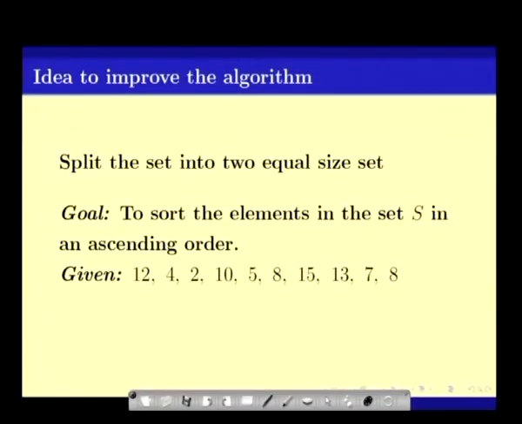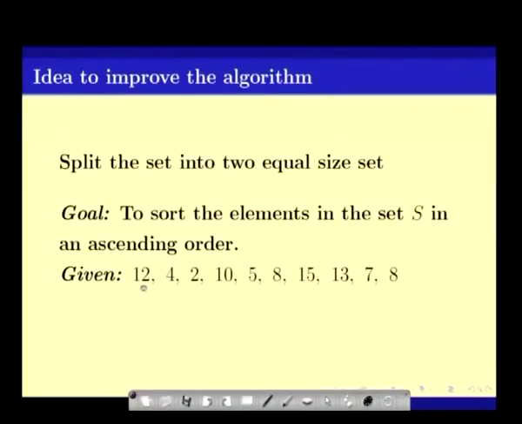Now, the first and most natural thing to do is, okay, we have to split our set S into two equal halves. Till now we were picking an element and splitting according to the pivot. But what happens if we just brute force split it?